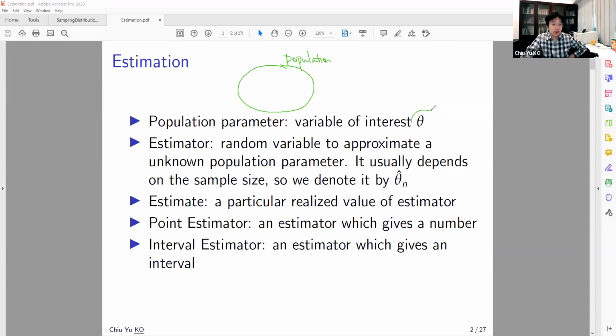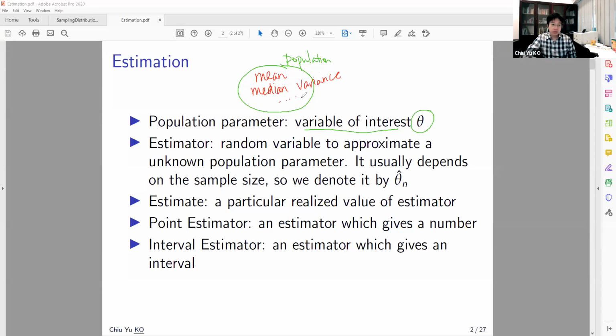We denote it as theta. We call it the value of interest, something that interests us. Maybe we care about the mean, the median, maybe the variance, or a lot of other summary statistics.